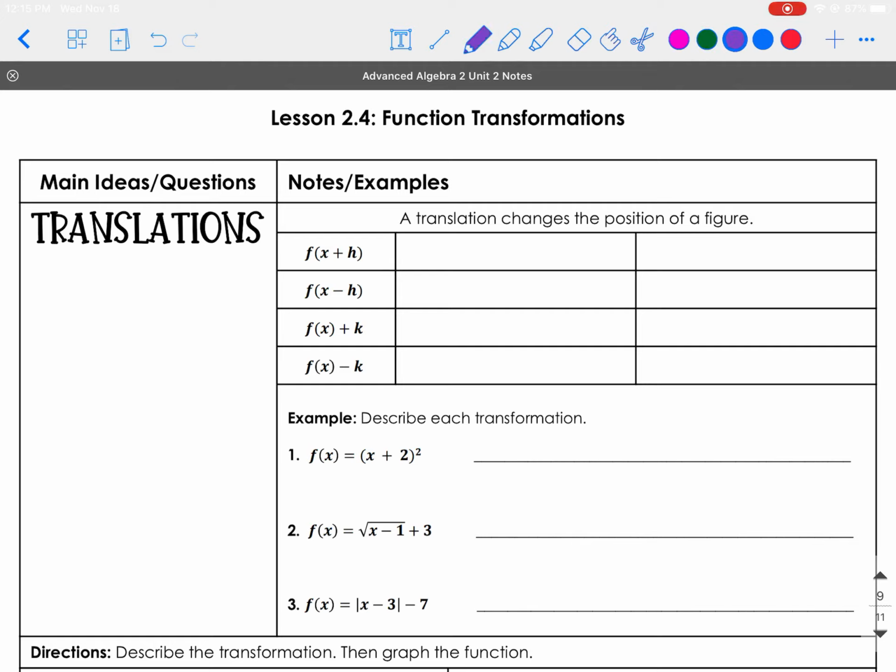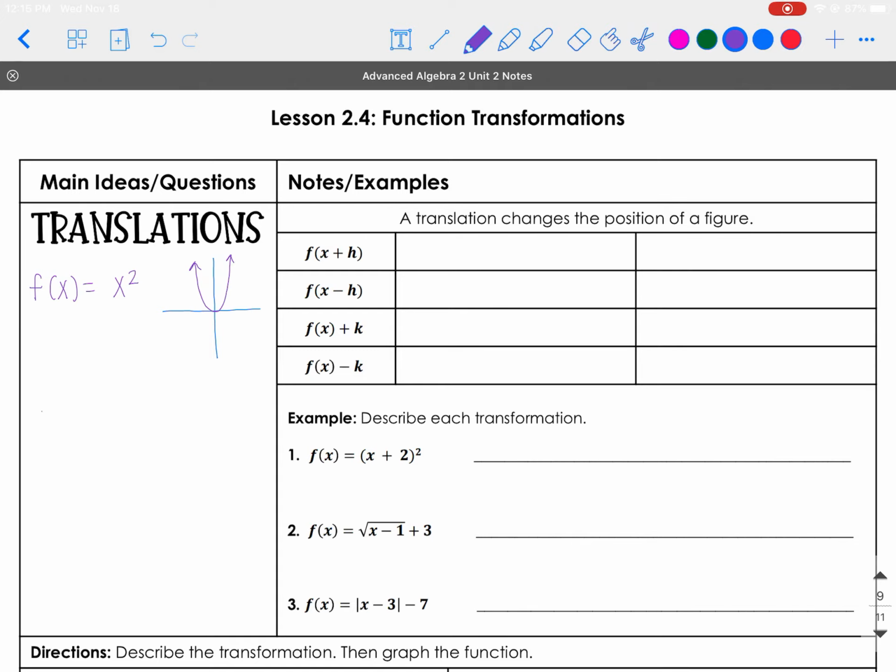The first one is f of x equals x squared, and that is a quadratic function, and the graph has a U shape. It looks like that.